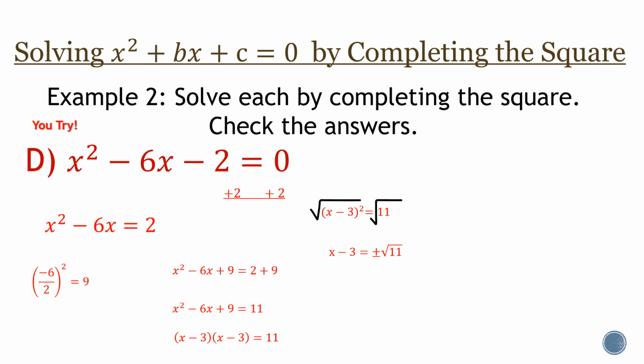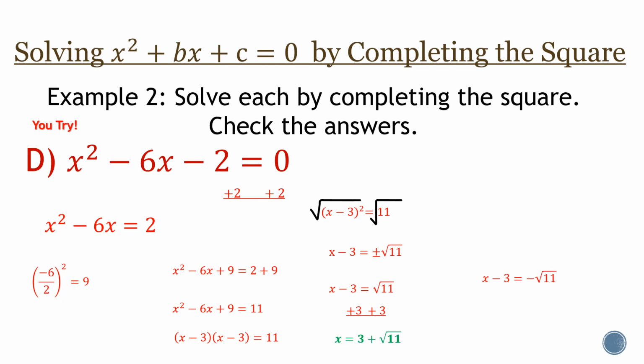Again, I should have two solutions here, and I need to create two separate equations. I have one in which it's x minus 3 equals positive square root of 11, and x minus 3 equals negative square root of 11. Now I can isolate the variable of x, first by adding 3 to both sides. And I cannot combine 3 and square root of 11 because they are not like terms.